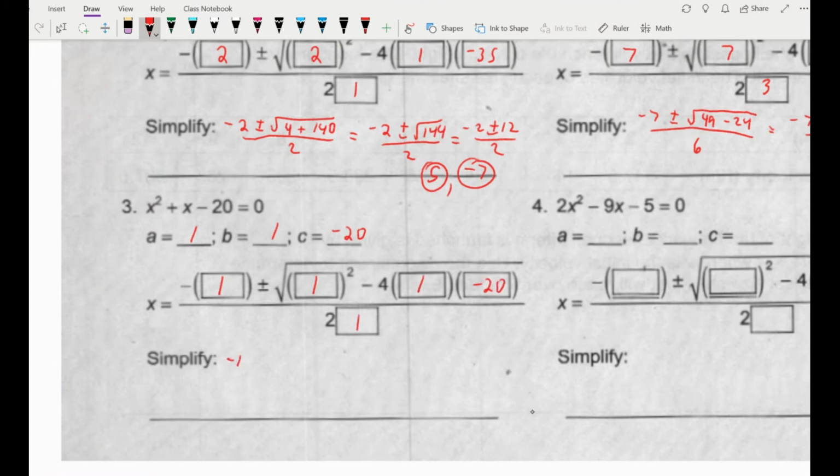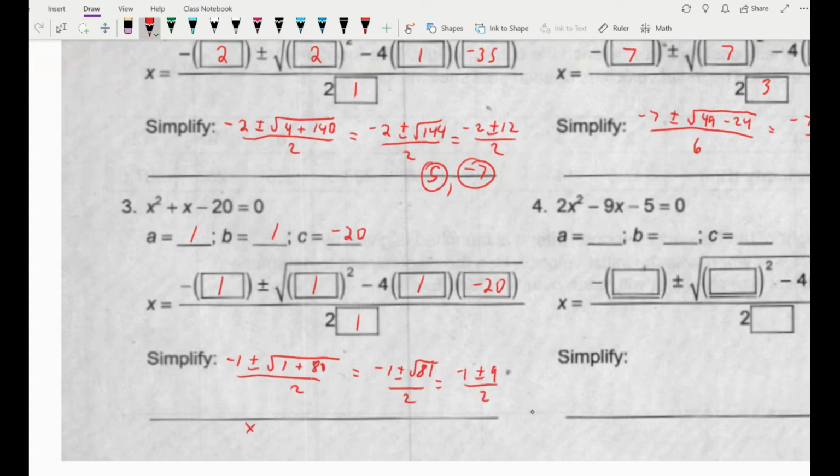So we'll simplify again. 1 squared is 1, minus 4 times 1 times minus 20 is a positive. And that becomes a positive 80 all over 2. And we can still combine like terms. So we got a square root of 81 over 2, which of course is 9. So we get minus 1 plus or minus 9 over 2.